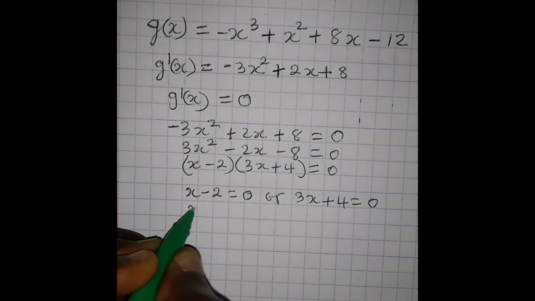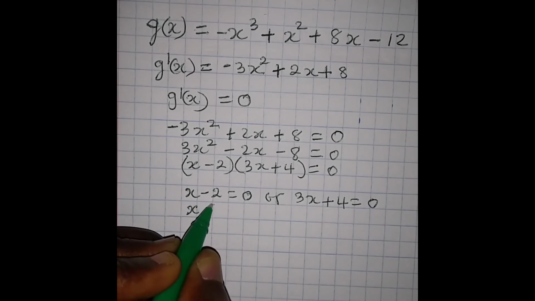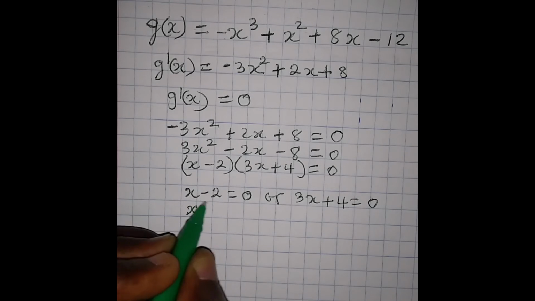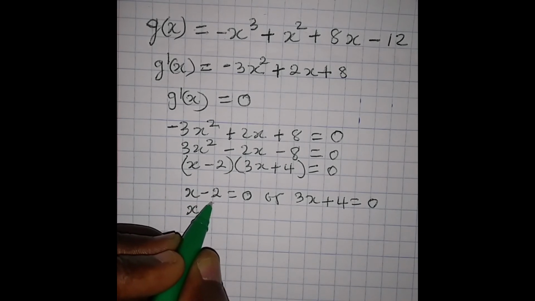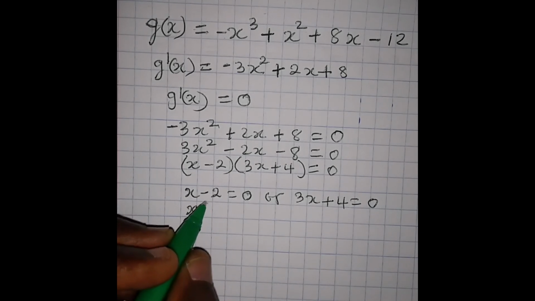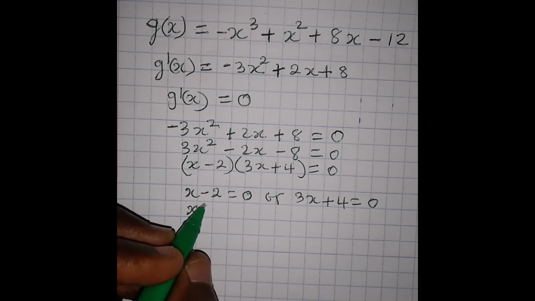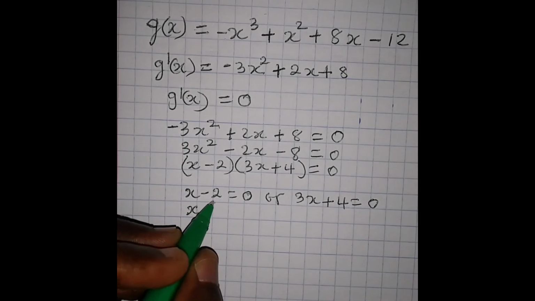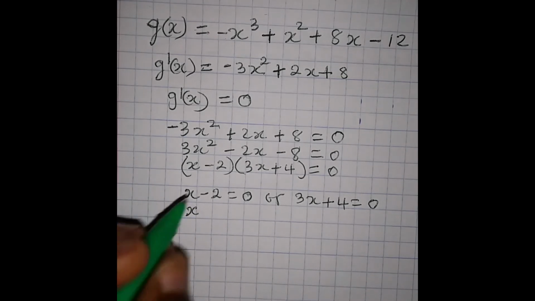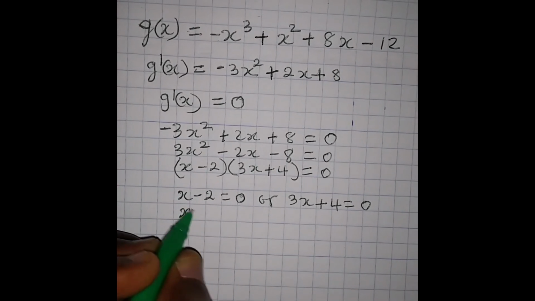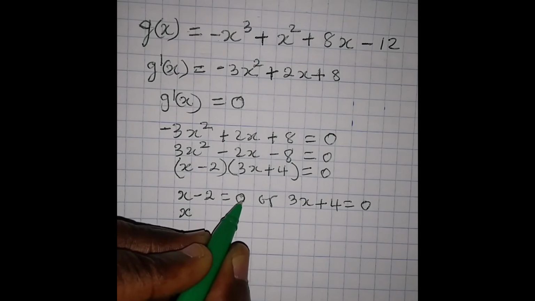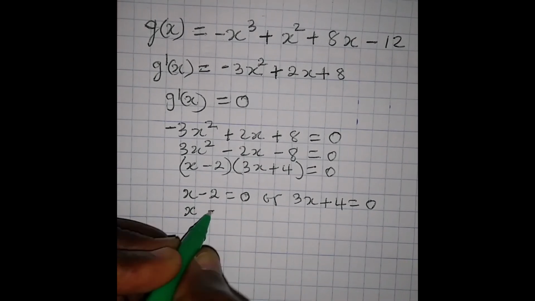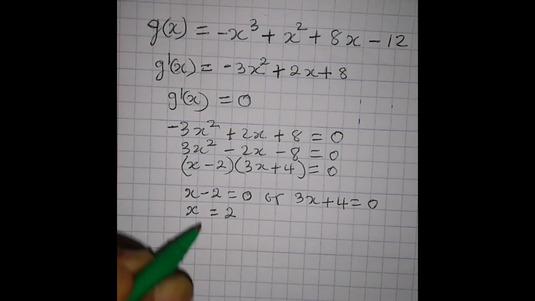Now x, what we need to do is to, since we have minus 2 here, we will say the inverse operation of negative 2 is positive 2. So meaning we are adding 2 to both sides of the equation. So when we add 2 here, this becomes 0, and when we add 2 here, this becomes 2. So that is why we have 2 on this side.